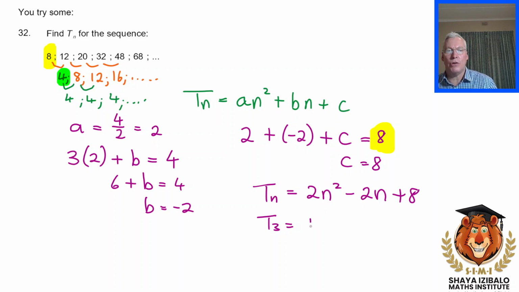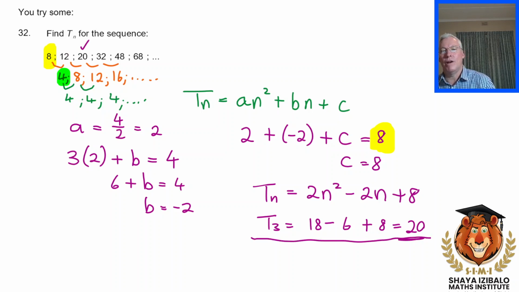So 9 times 2, 18, minus 2 lots of 3. 2 lots of 3 is 6. So 18 minus 6 plus 8. According to our formula, 18 minus 6 is 12 plus 8. T3 should be 20. Let's just go and check. Is T3 20? 1, 2, 3. Halala. This is definitely right.